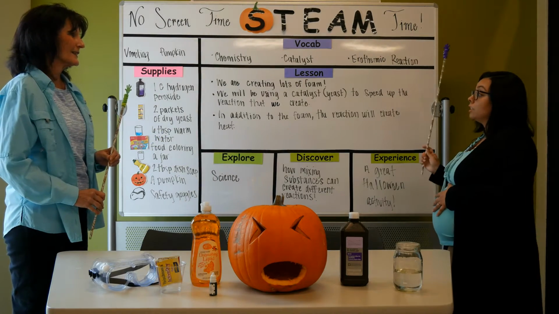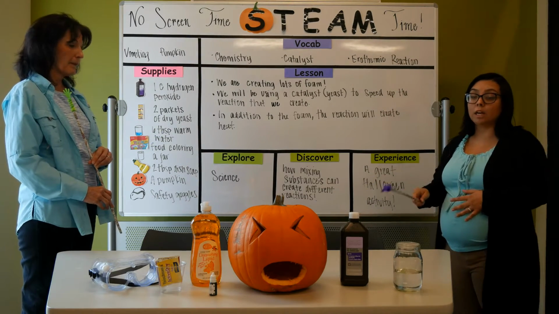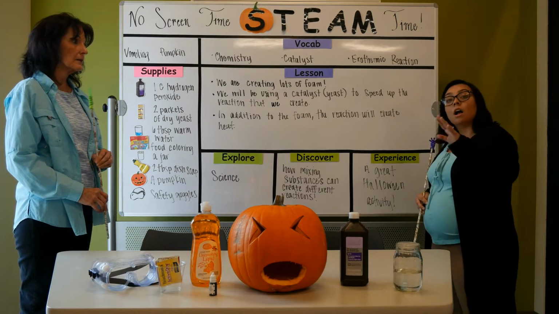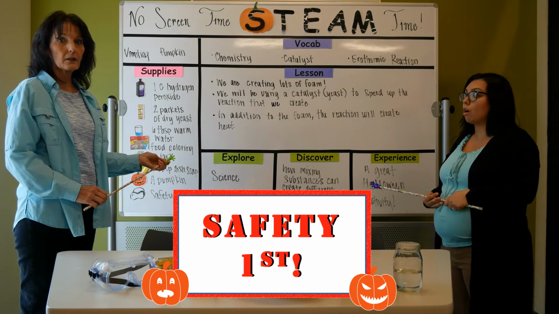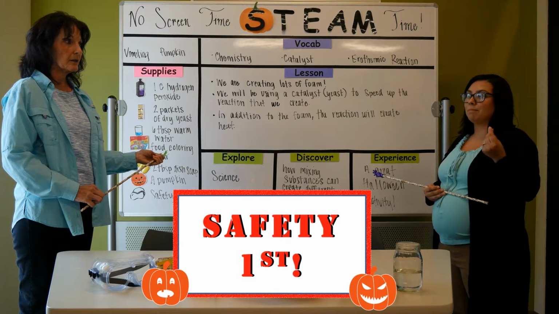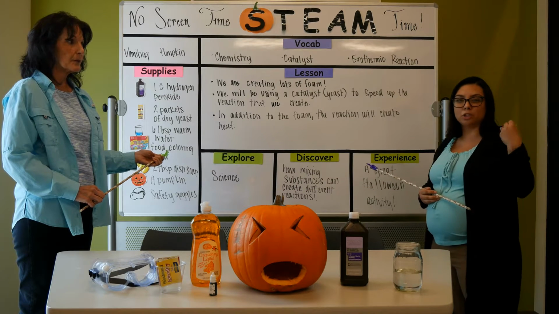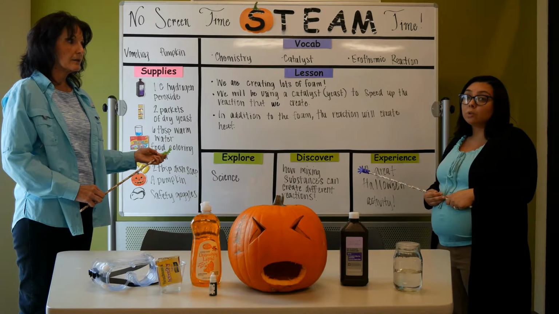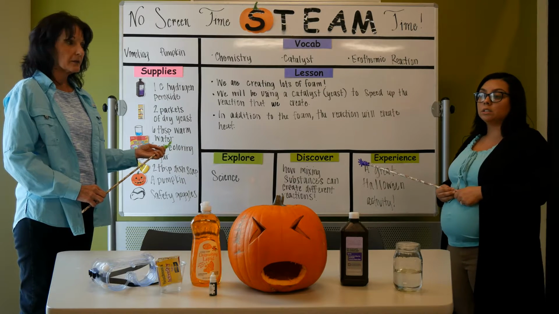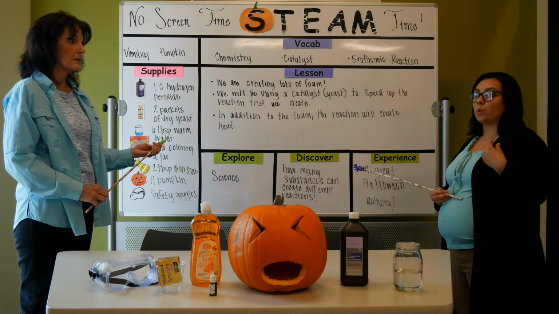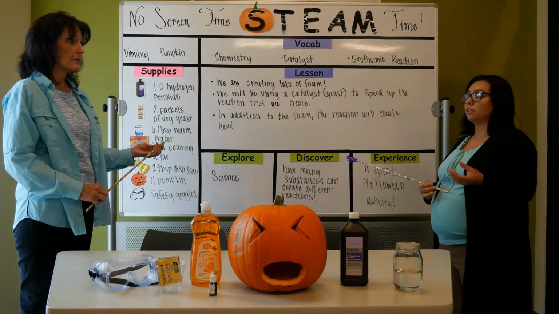And also, one thing to note, we are going to be using regular household hydrogen peroxide. It's only 3%. Some recipes do call for the 20 hair developer peroxide that you use to bleach your hair. You can use that. It is going to give you more foam, but it's also going to create a hotter reaction.